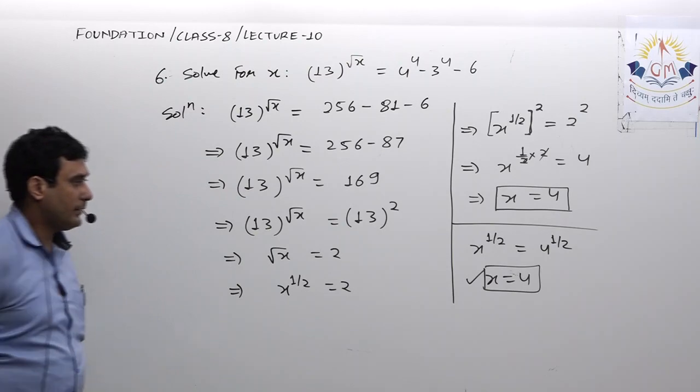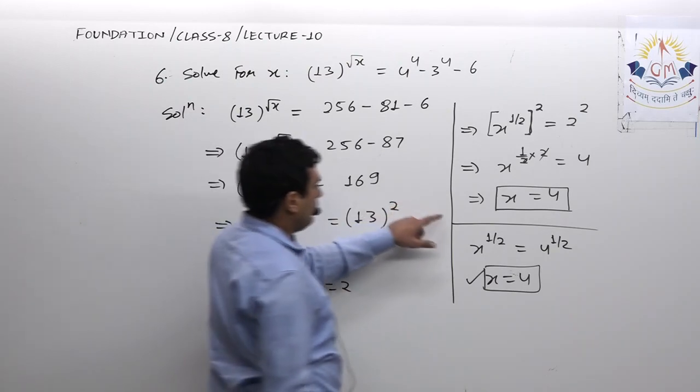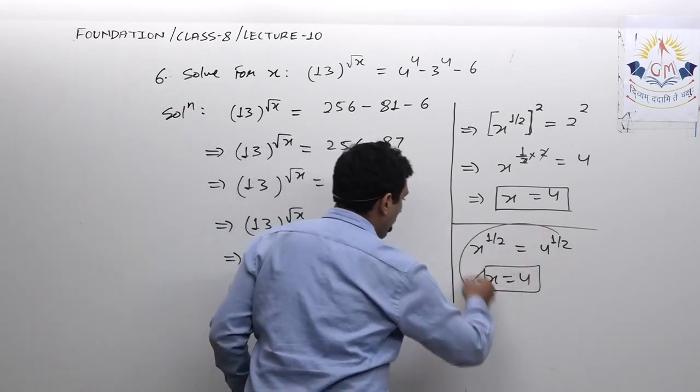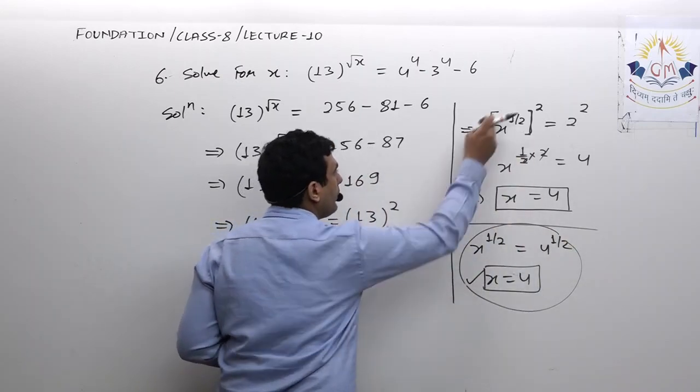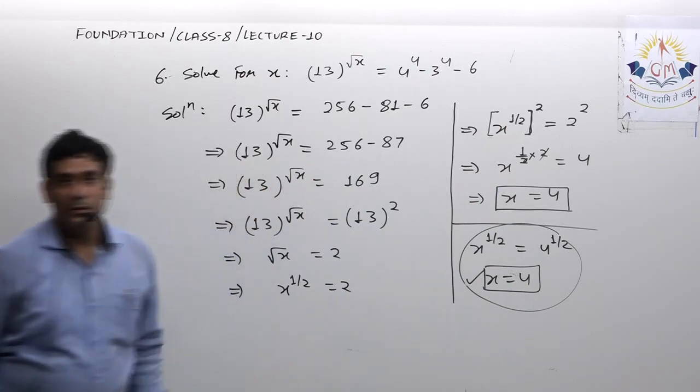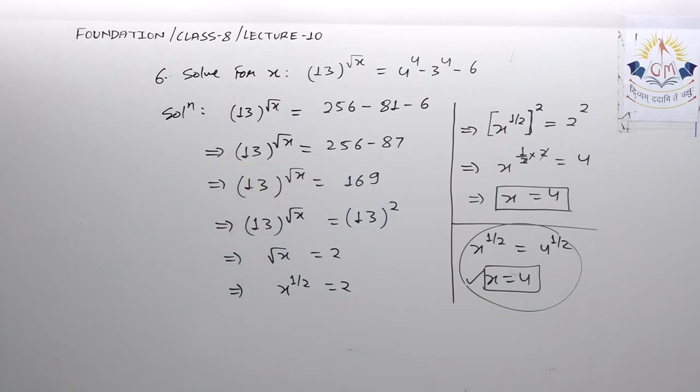Both methods are correct. So go write the solution up to this point, and this is the alternate portion for this. After this, either you can go in this way or you can go in this way. Okay, so please note it down, then we'll see the next question.